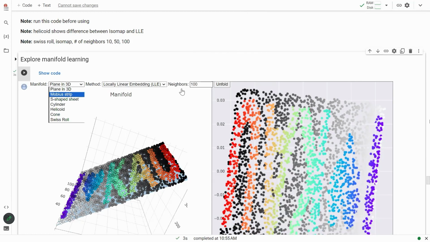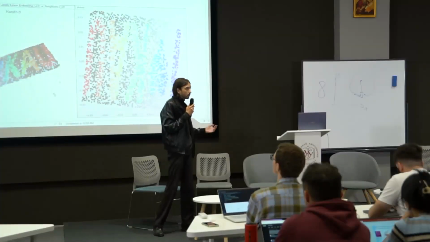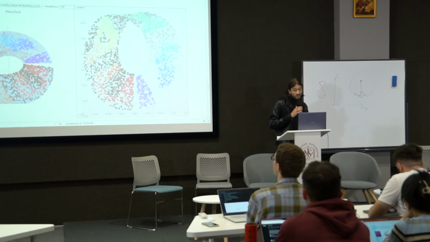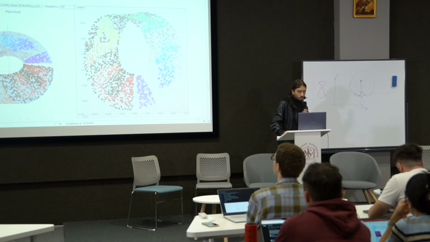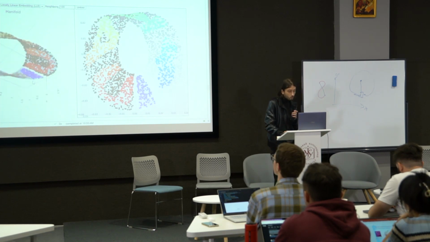Okay, now let's do something more sophisticated. You can take, for example, some Möbius strip and try to do something with that. With this example, you can basically experiment and look at what happens when you take more neighbors, fewer neighbors, some more complicated manifolds. They are basically predefined by me, but probably you can understand the code and add something more.